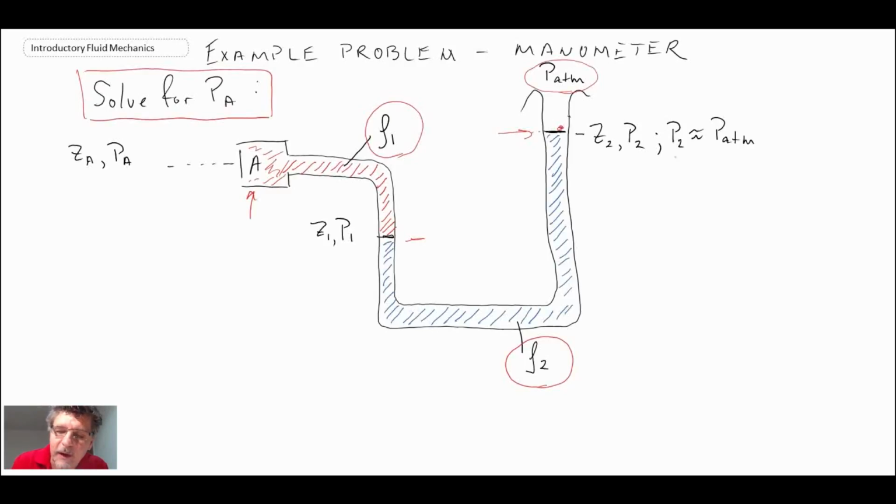That's why we write this approximation, P2 is approximately equal to pressure atmosphere. In this problem, we want to solve for the pressure at A, at this location here. We'll work out the solution, and then we'll see what we need to know in order to solve it.